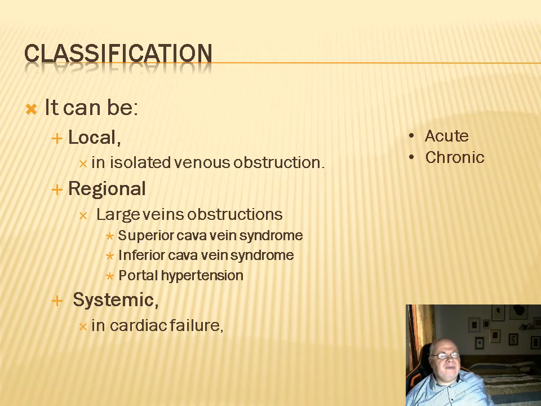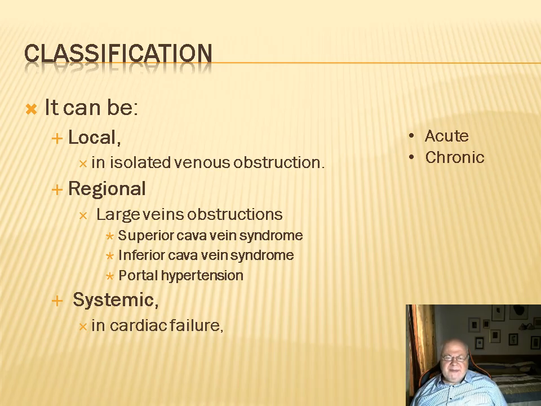They are both of them extremely rare. About the clinical signs of these syndromes, you will learn in semiology, but we don't discuss them in anatomic pathology. But we will discuss portal hypertension because it's by far the most frequent type of regional stasis.